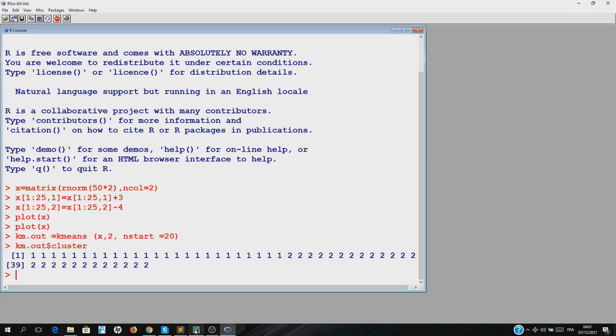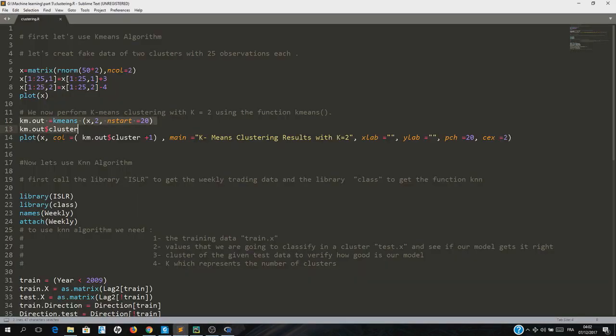So here, it's going to be 2 for class number 1 and 3 for class number 2.